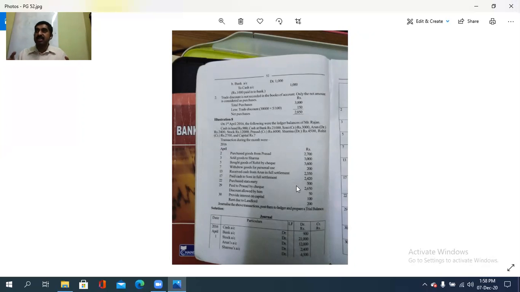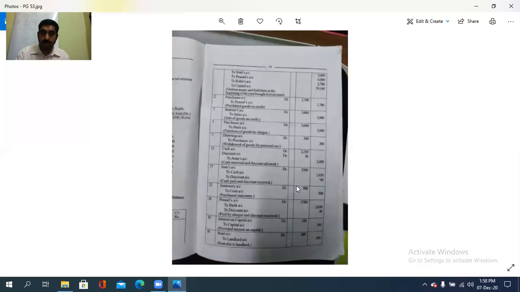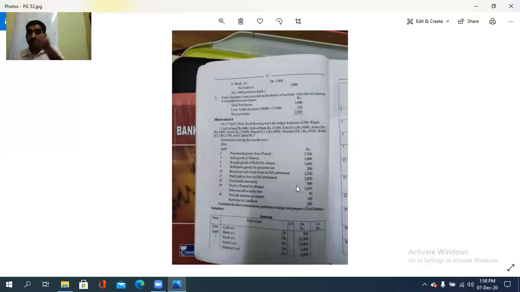So treat it as what? Instead of cash, put the bank. So purchase account debtor to bank, because it is purchase of goods by check. If it is not cleared by check, cash, then purchase account debtor to cash.